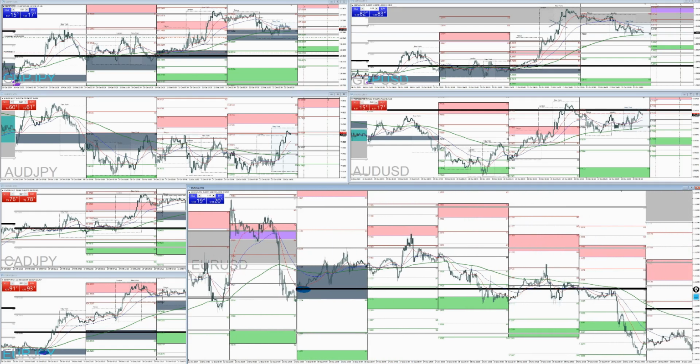Next day setup. We'll mark it out here. Okay. All right. As we go sideways in, I want to be taking as close to the M2 as possible.